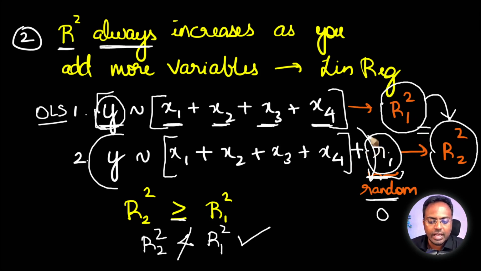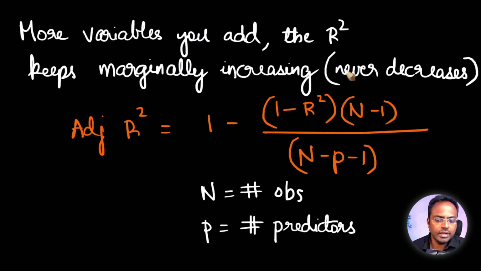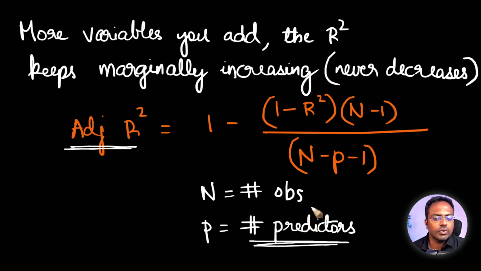But typically, there might be some patterns existing in this new variable. As a result, it tries to make use of this new variable also. Thereby, the R2 square will be slightly, incrementally greater than R1 square. So that is why all the regression packages will give you the adjusted R square in addition to the R square, because adjusted R square will penalize for the number of predictors that you have in the model.